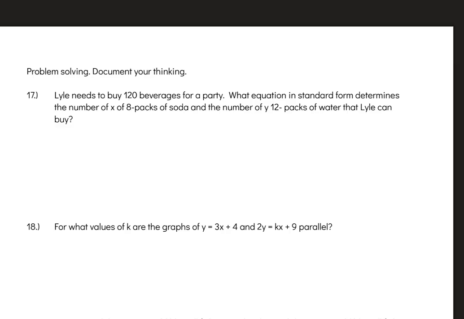Word problems. Lyle needs to buy 120 beverages for a party. That's the total. Almost every time I do a word problem, if I'm given a total, I write equals the total. Now I'll read the second sentence. What equation in standard form determines the number of x, 8-packs?